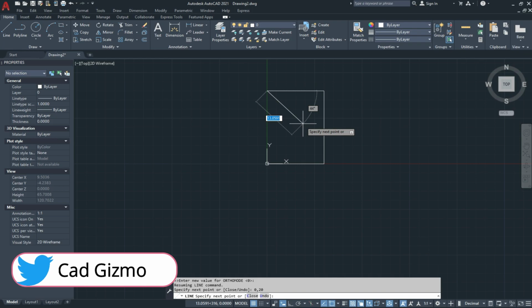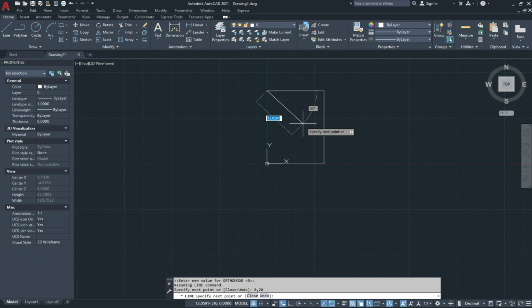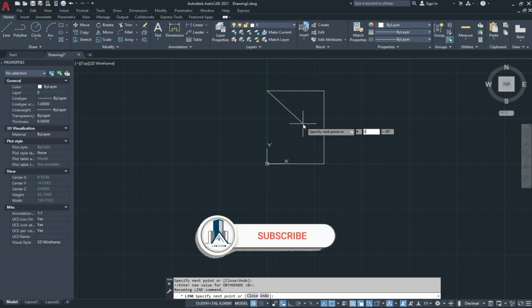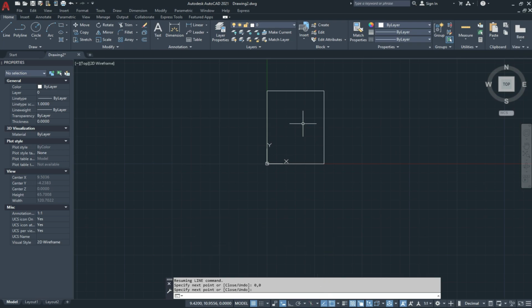Now this point is 0 in the x-axis and 20 points in y-axis. Now again we give the hash and 0, 0 and press enter. So in this way we use our Cartesian coordinate system.